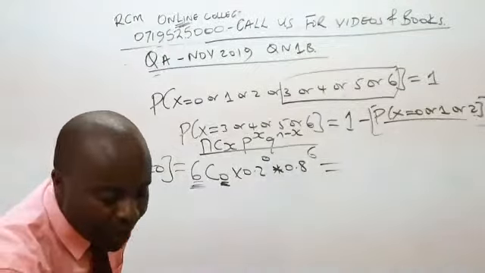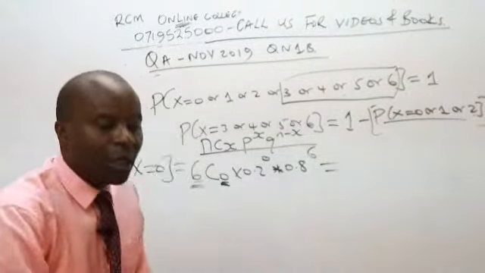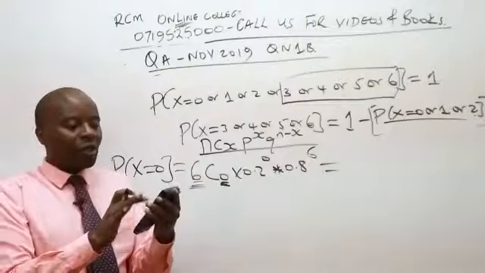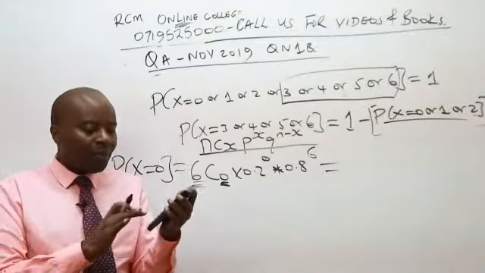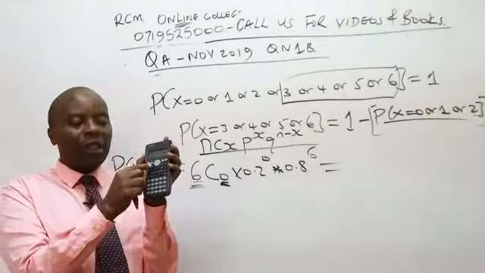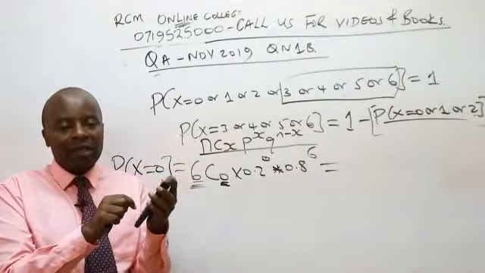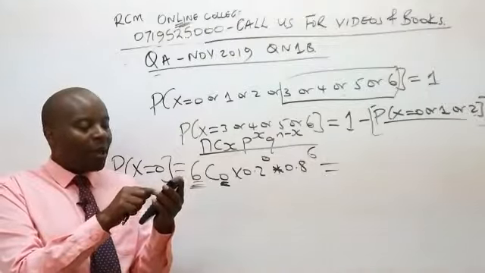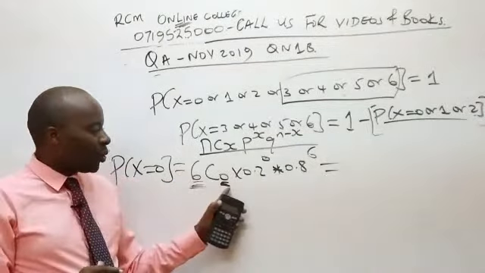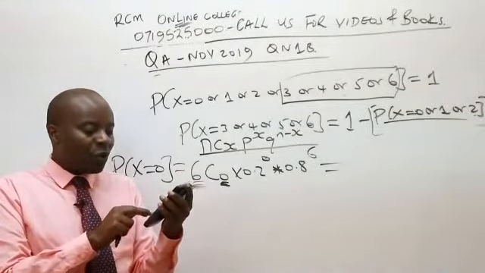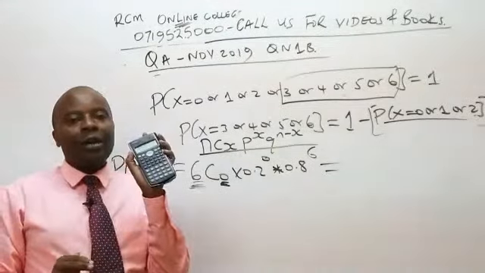What are 6 combinations 0? In my calculator, this is my calculator. So I'll say on there, press 6. I hope you are able to see the combinations just close to shift, just underneath alpha. So I'll say 6 combinations 0, this one here. And then I'll say times 0.2 raised. I hope you're able to see the raised.